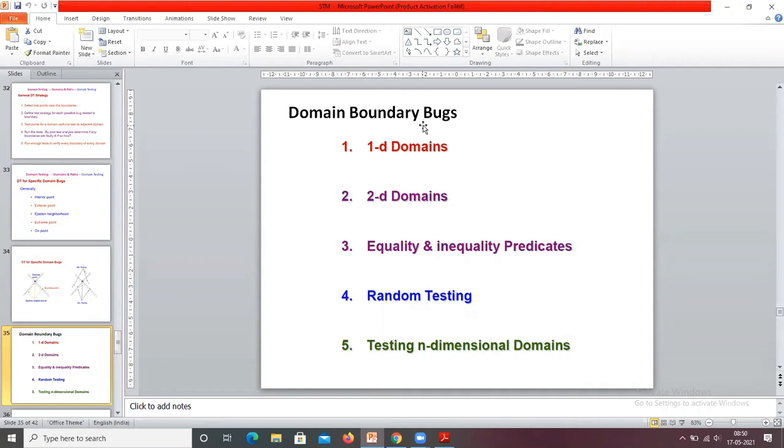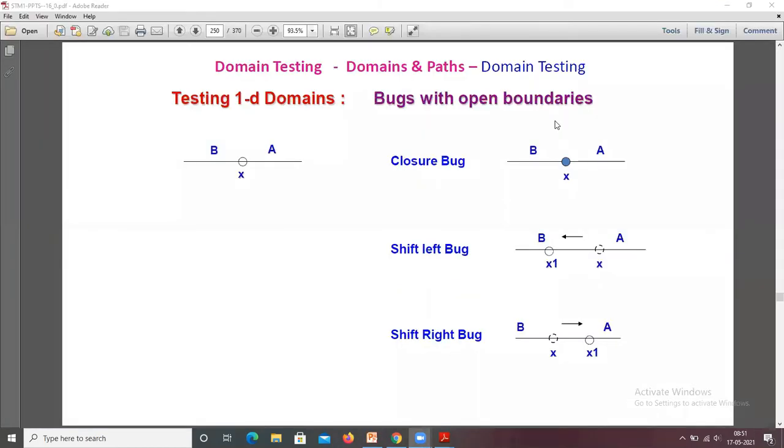So domain boundary bugs: one is 1D domains, 2D domains, third one is equality and inequality predicates, random testing, and testing n-dimensional domains. Okay. The first one is testing 1D domains. So these are the bugs with open boundaries.